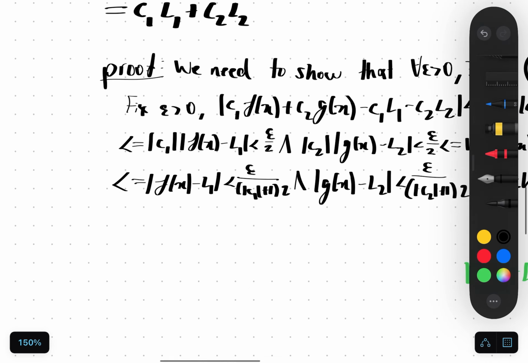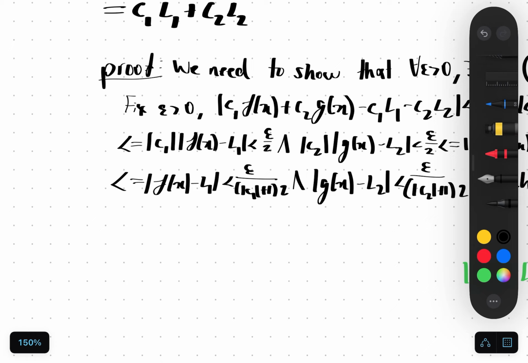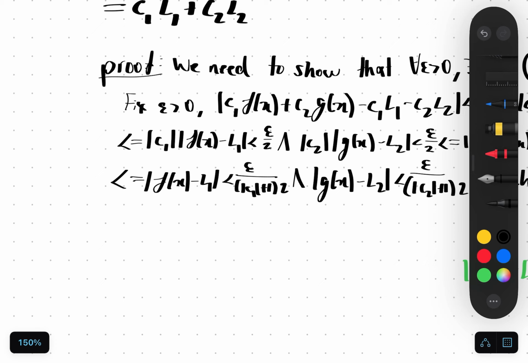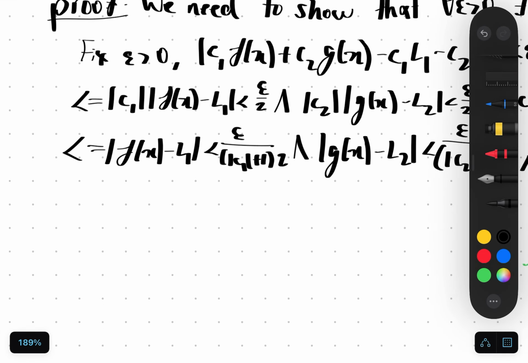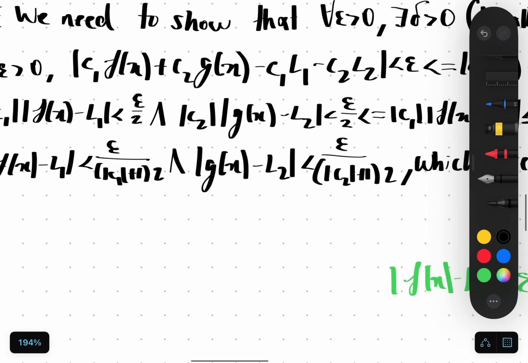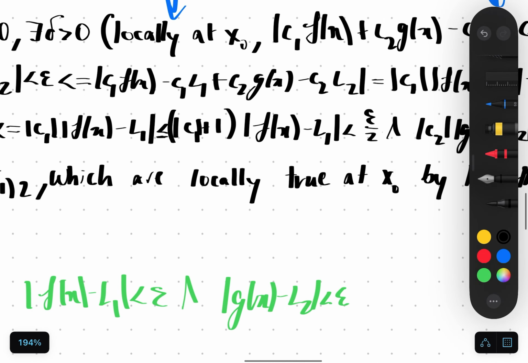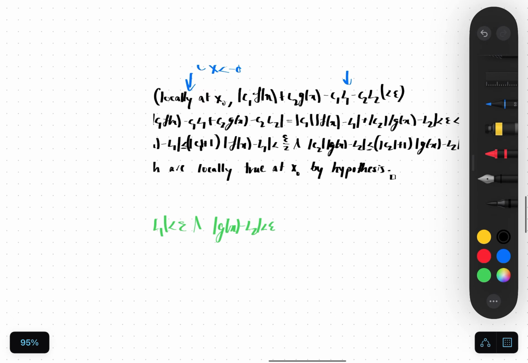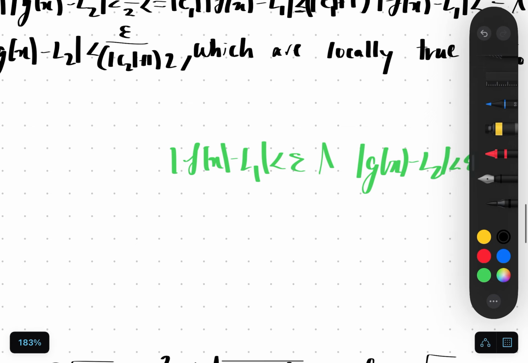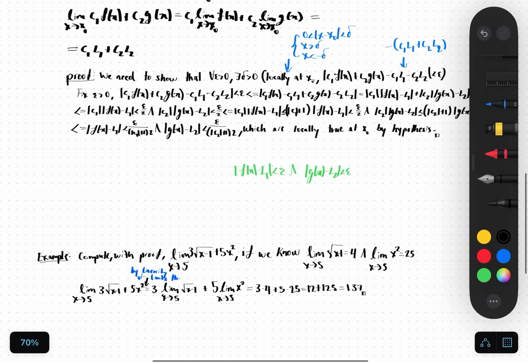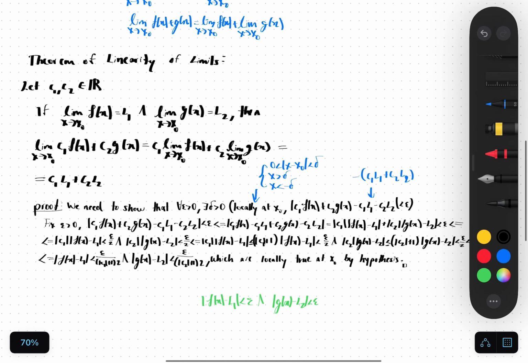That way now we can divide by this constant, and we know that epsilon over this number has to be, of course, a positive number. Same thing over here. And we know these are locally true at x naught by our hypothesis. So we got to this step, right? This is literally where we wanted to get.